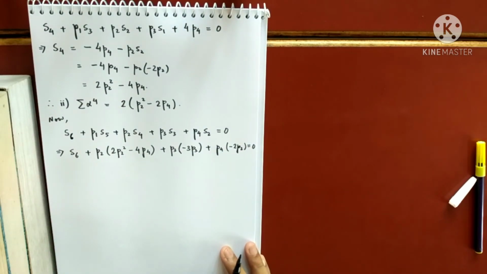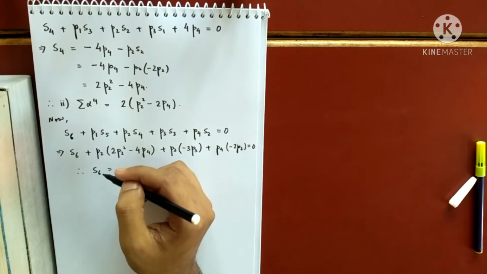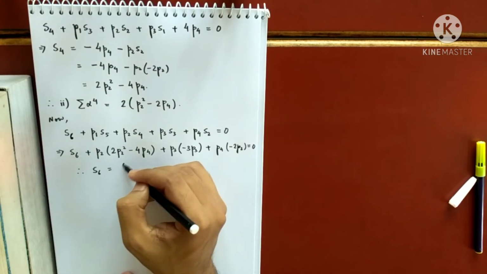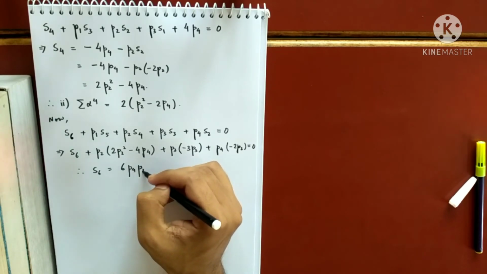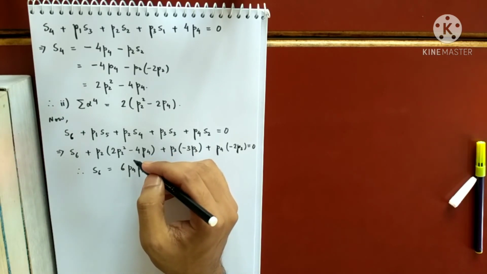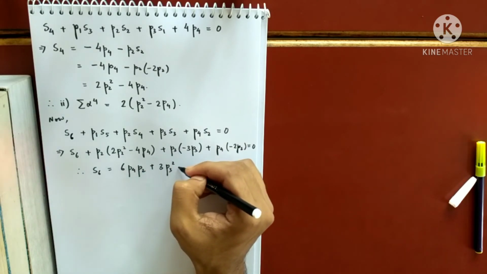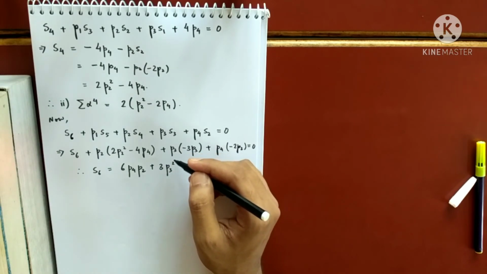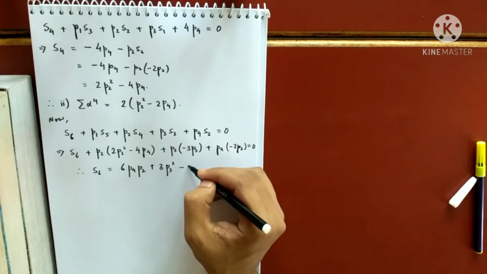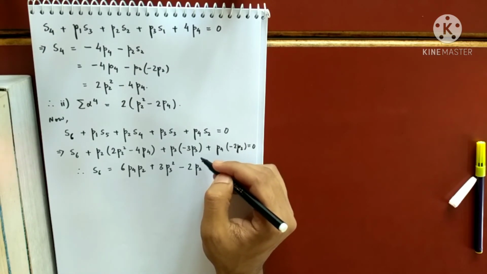Using this, please solve the value of S6. You simplify this, you should get S6 something like this: 6P4P2 plus 3P3 square minus 2P2 cube.